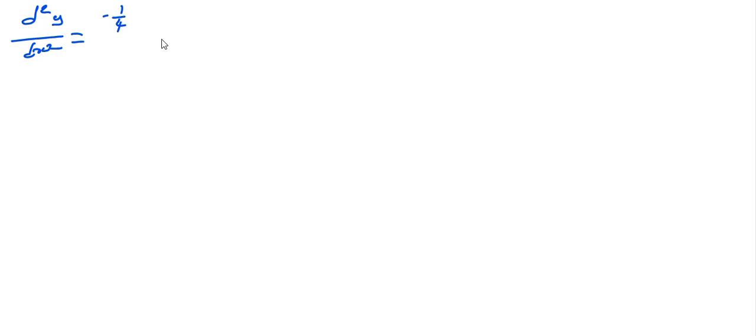So I'm going to differentiate our cosec. Remember, the derivative of cosec is going to be negative cosec theta times cot theta, all divided by.